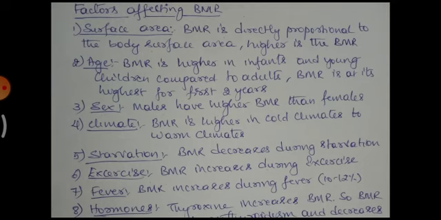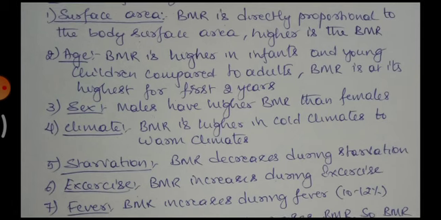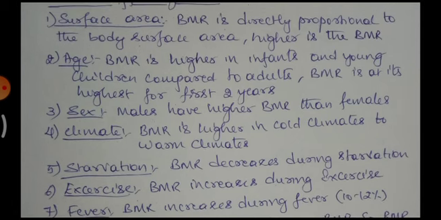Next one is age. Infants have more BMR compared to young children. Infants will feed not three times like adults; whenever they want milk or food, they cry. At home we give children something to eat every 2 or 3 hours, because their energy requirement is more as they are in the stage of growth.